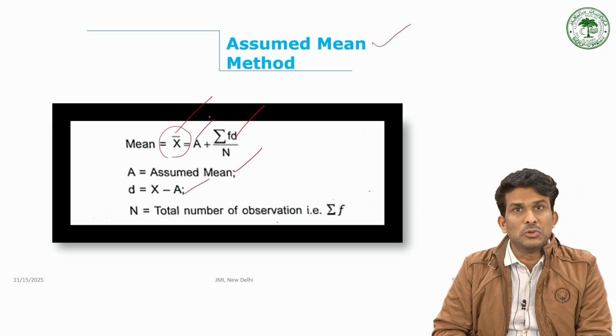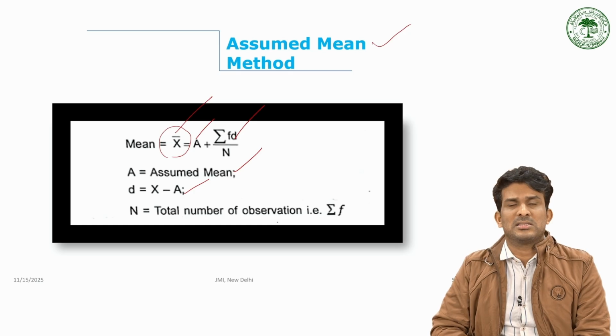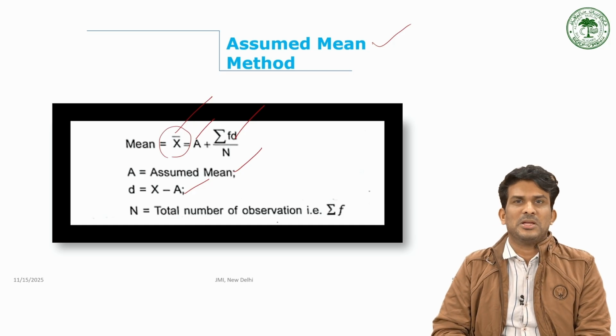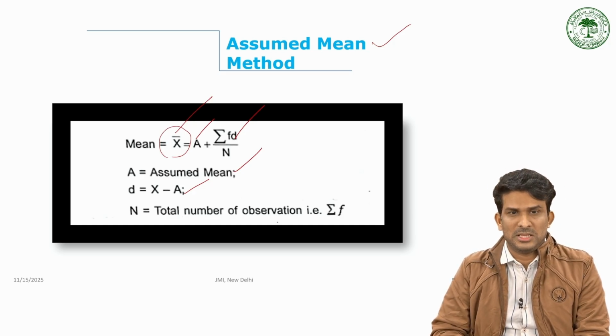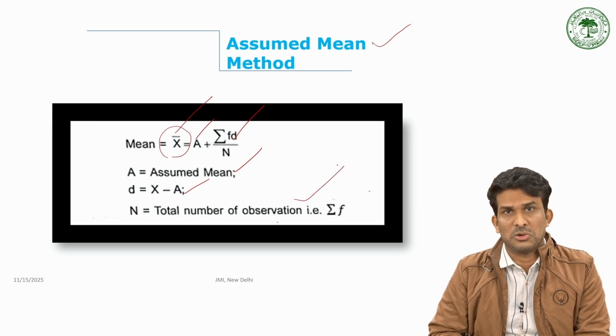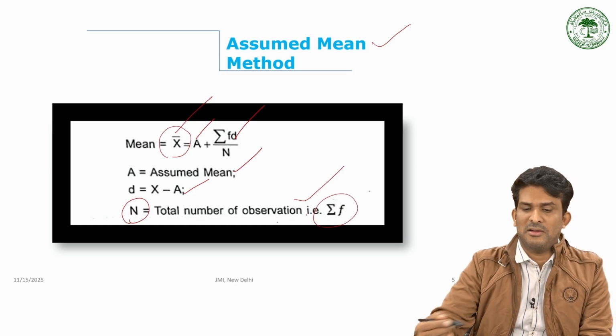A is the assumed mean. Any midpoint of any class we can assume as a mean, then we can calculate arithmetic mean based on that assumption. That is actually the assumed mean method. You got it? N is the total number of observations, total of frequency. N can also be represented as sigma f.